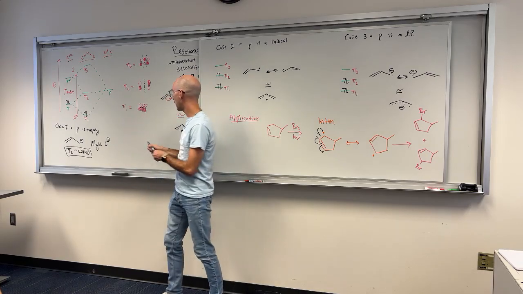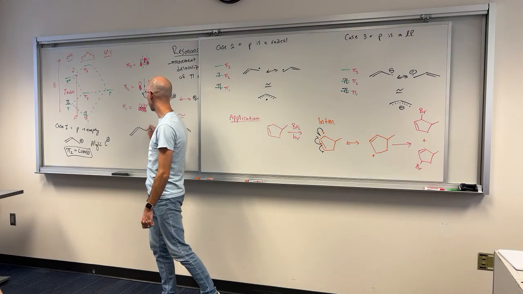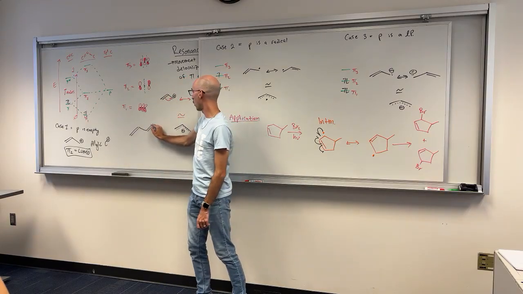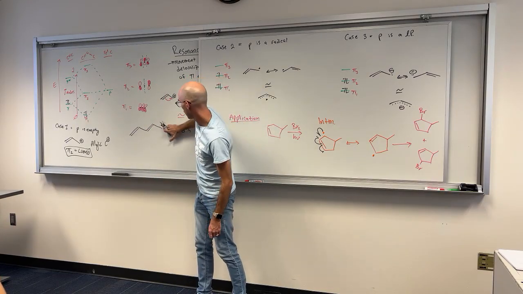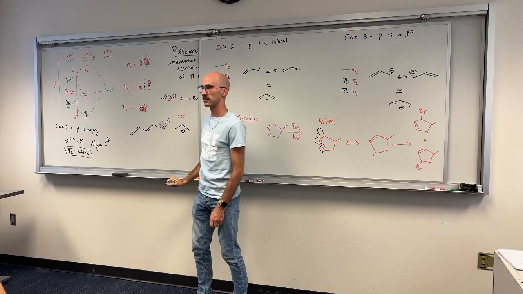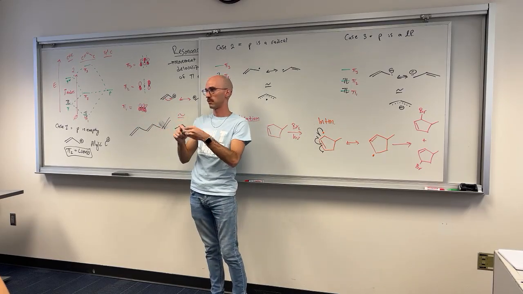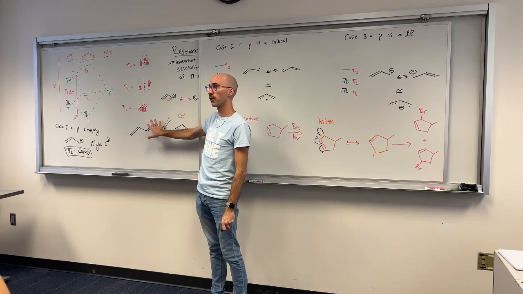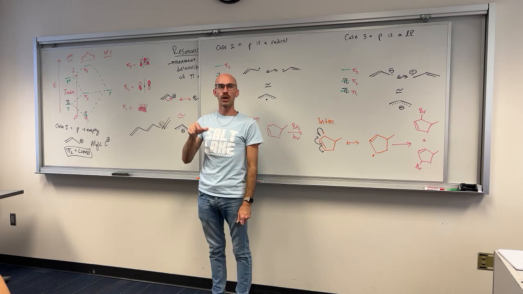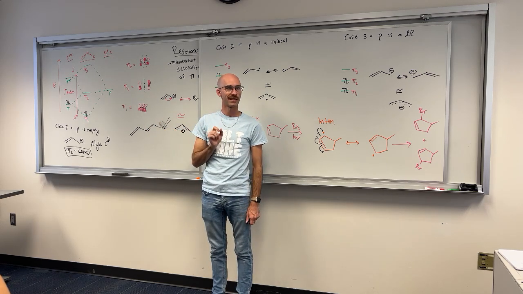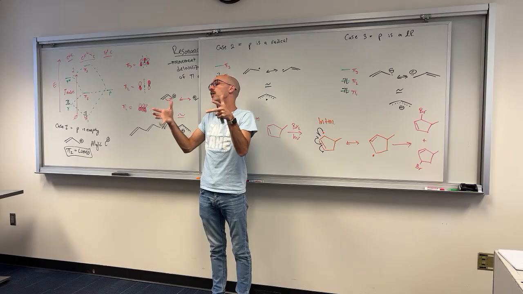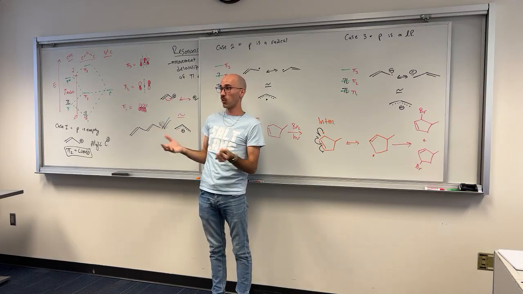When you get to a 4-carbon system, or a 5-carbon system, or a 6-carbon system, or heteroatoms, etc., there are huge molecules that are conjugated. What you're saying with conjugation is an uninterrupted series of p orbitals.